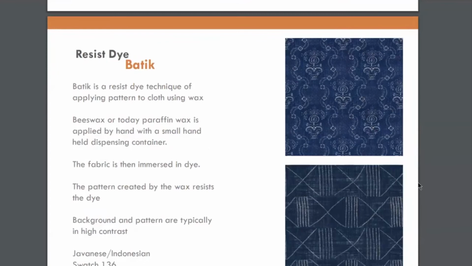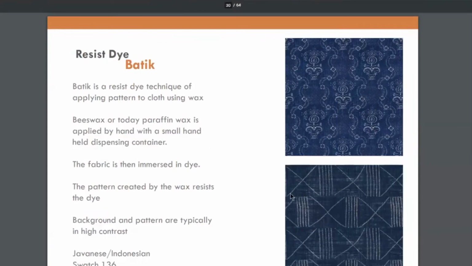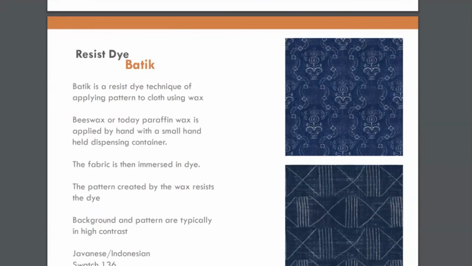So here you're looking at where it's white, that's where the wax was applied. And where it's that indigo color, that's where it was dipped into an indigo color and it still had that true color. So if you're going to ask me, again, if you ever want to try this, there's little kits you can buy at art stores. One color is a lot of fun.